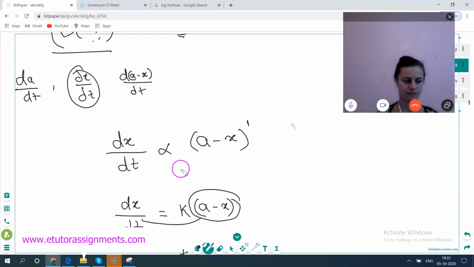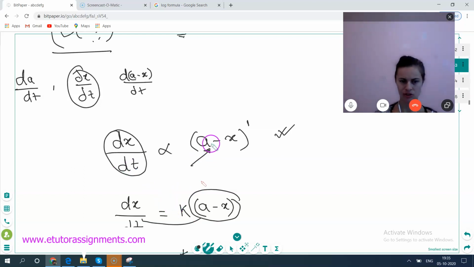dx by dt for the first order reactions is this much. What about the zero order reactions? I am saying the rate of reaction dx by dt is directly proportional to the concentration for the first order.